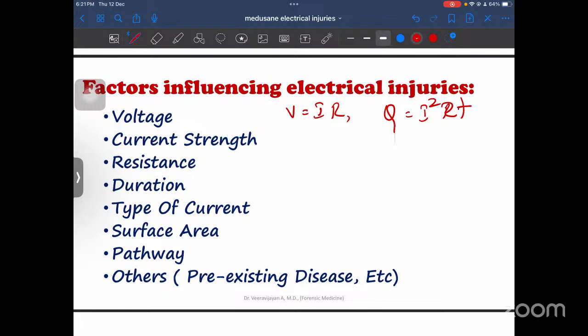One is voltage. If voltage increases, severity of the injury increases. Another one is current strength. If current strength is more, then the amount of heat produced will be more, then the severity of injury will be more. Current strength is directly proportional.